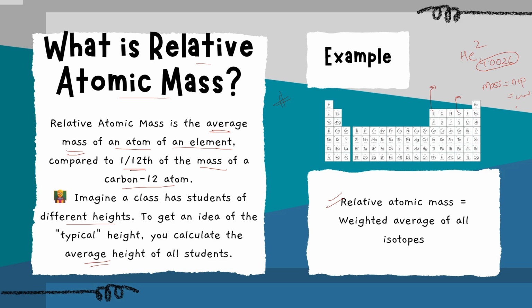But in the periodic table, you will see that elements have masses which are in decimals. It means it is the relative atomic mass. That whole number should be just the atomic mass. But since it is in decimals, it is relative atomic mass, that is, the average of all the isotopes.